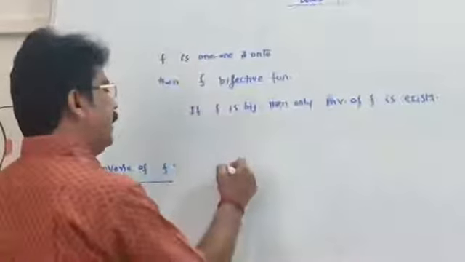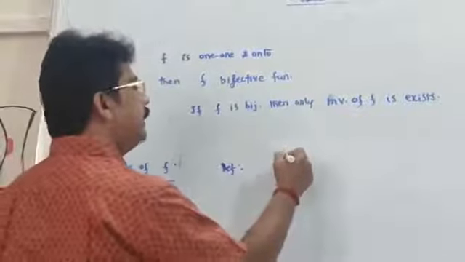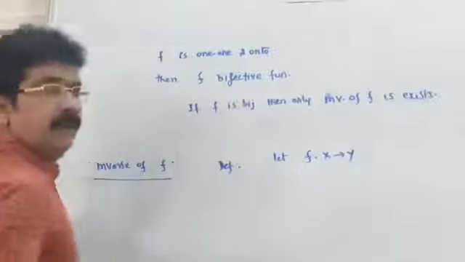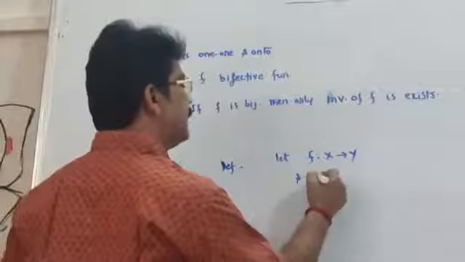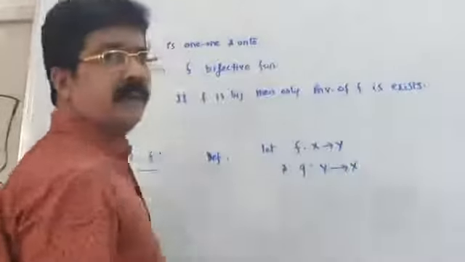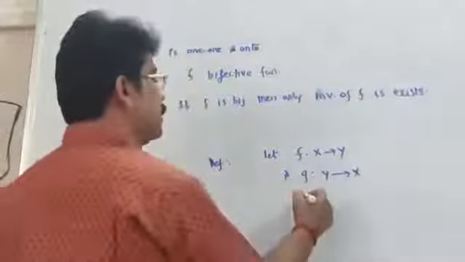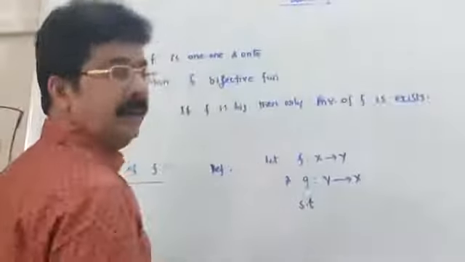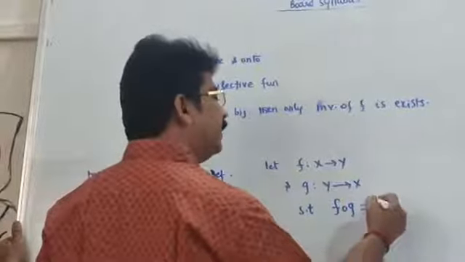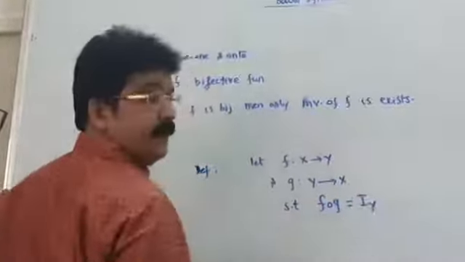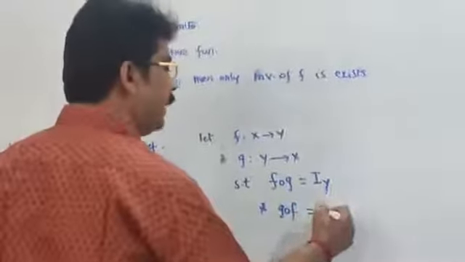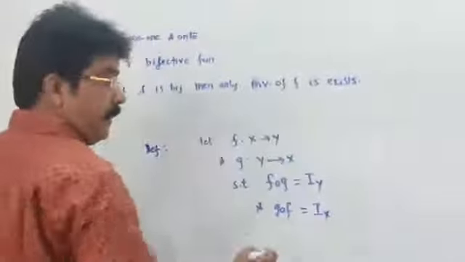Okay. Next, inverse of f. This definition: let f from capital X to capital Y and g from capital Y to capital X be two given functions, so that f circle g is equal to I_Y and g circle f is equal to I_X.